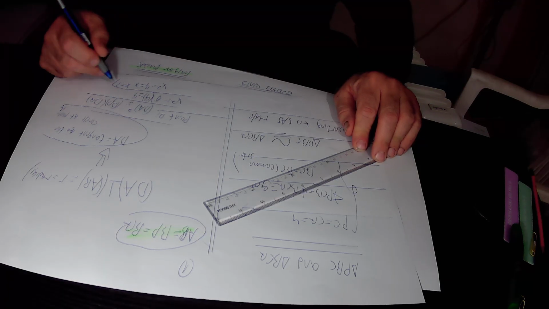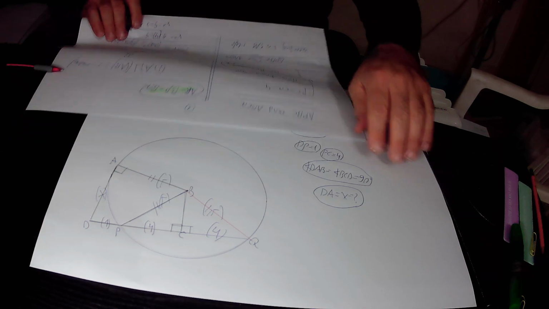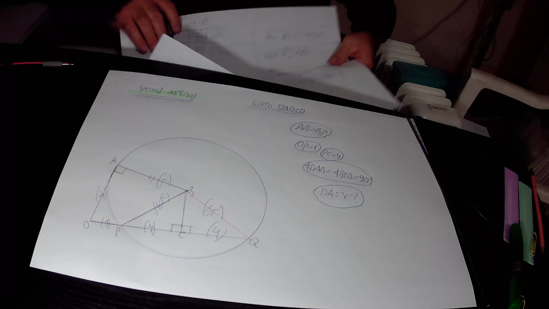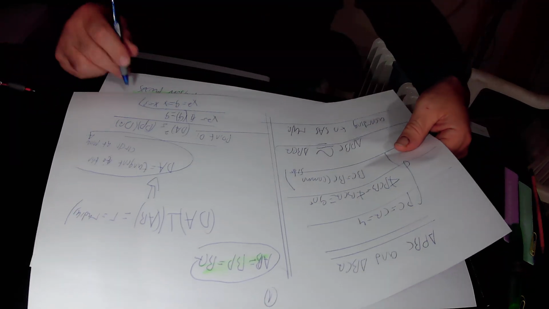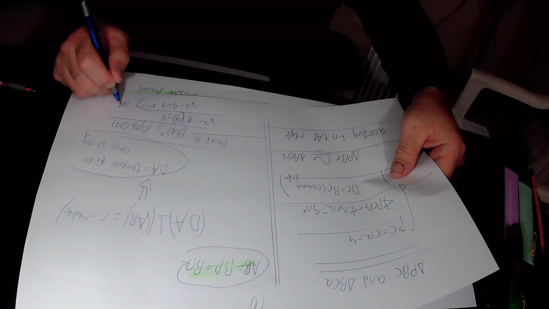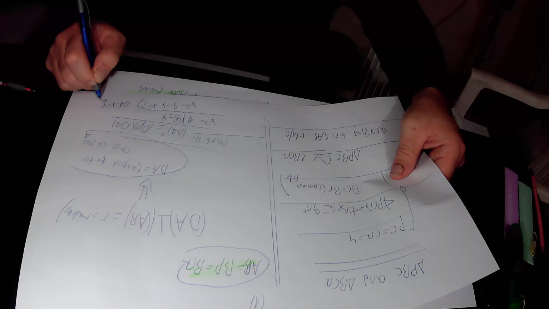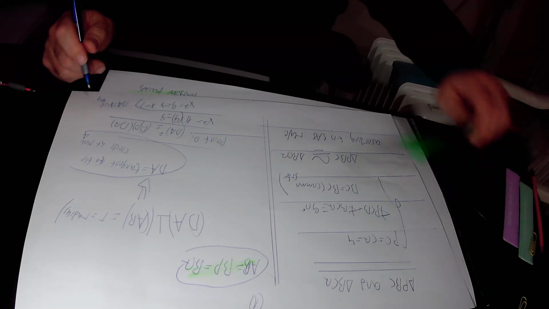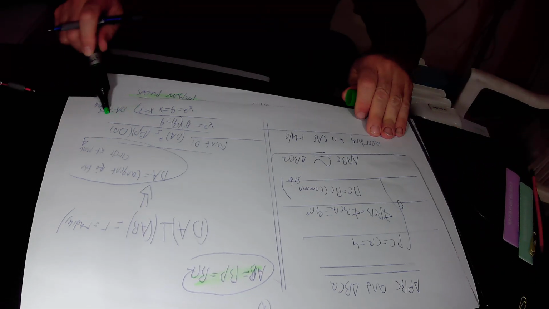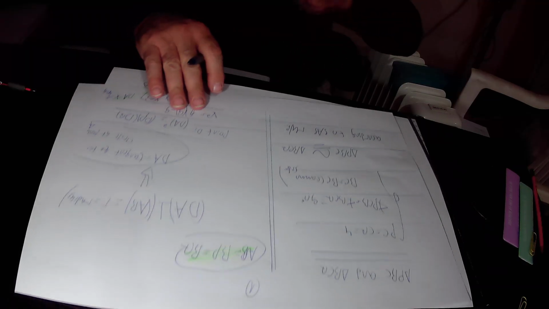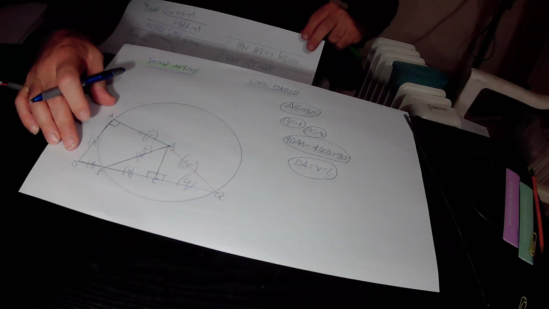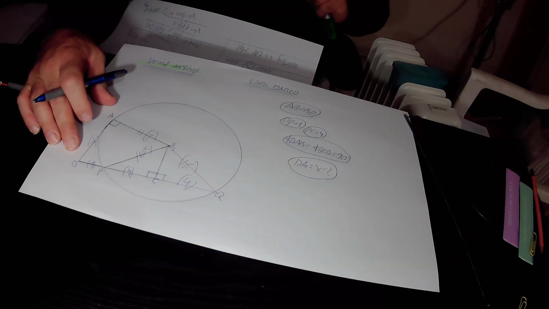So DA equals x, which equals 3 units in length. So we find on both methods that the length of this side DA is equal to x, which is 3 units.